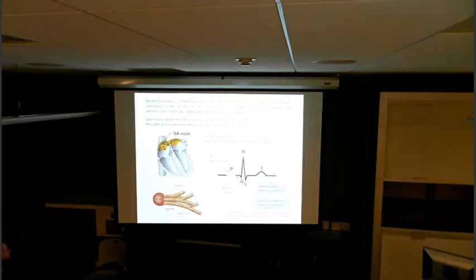Why is it important that all of these cells become electrically excited at pretty much the exact same time? So it contracts simultaneously. Exactly. We want the atria to behave as a single unit.